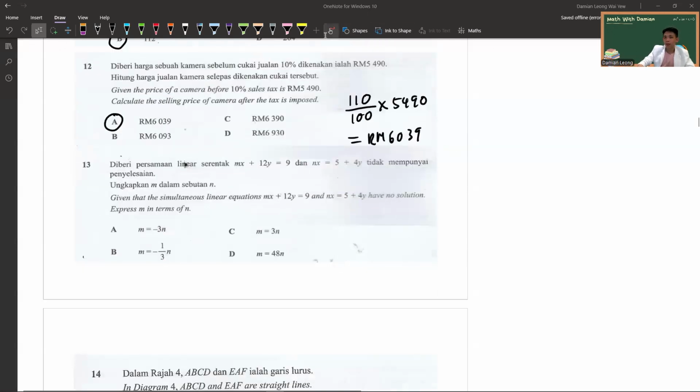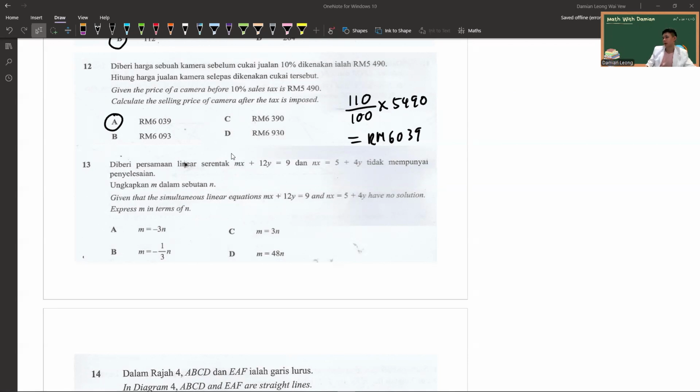So we can look at question 30. I'm given the simultaneous linear equations mx plus 12y equals 9 and x equals 5 plus 4y have no solutions. So express m in terms of n.